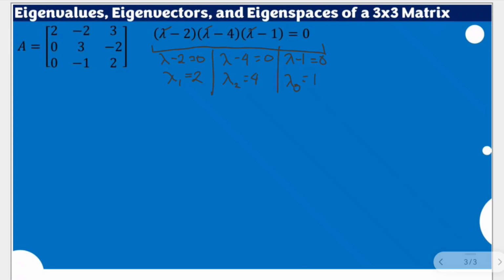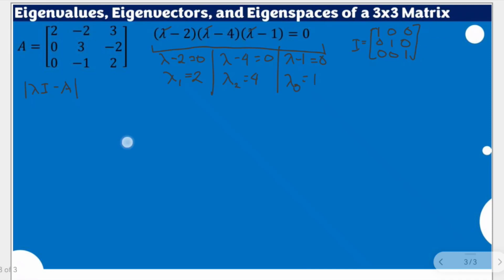To solve for the eigenvector, let us start by reviewing this form of matrix where we are going to multiply lambda to I. In this case, our I is the identity matrix for a 3 by 3 matrix. So you have 0, 0, 1 here.